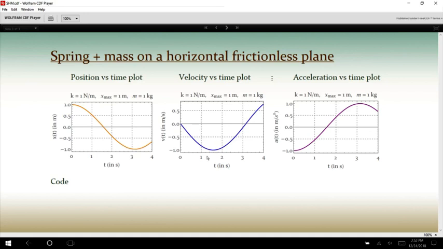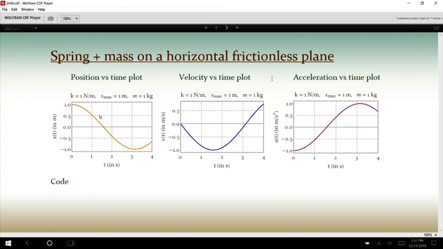Similarly, we can also plot the velocity of the block as a function of time and its acceleration as a function of time. These three plots have been generated for some known values of the spring constant, x max, and the mass of the block. I've assumed that the mass of the block is 1 kilogram, the maximum extension in the spring was 1 meter, and the spring constant was 1 Newton per meter.